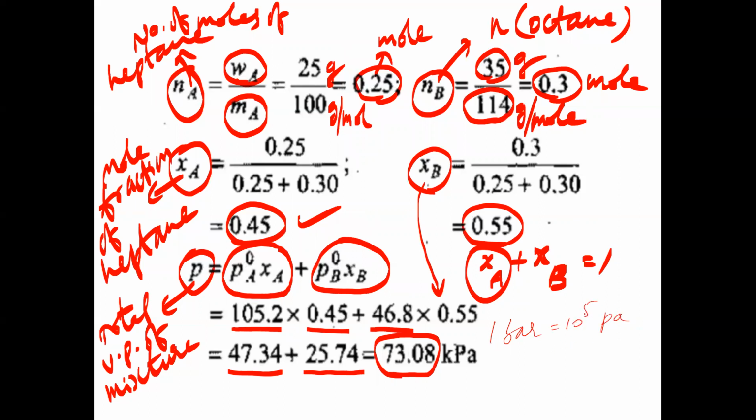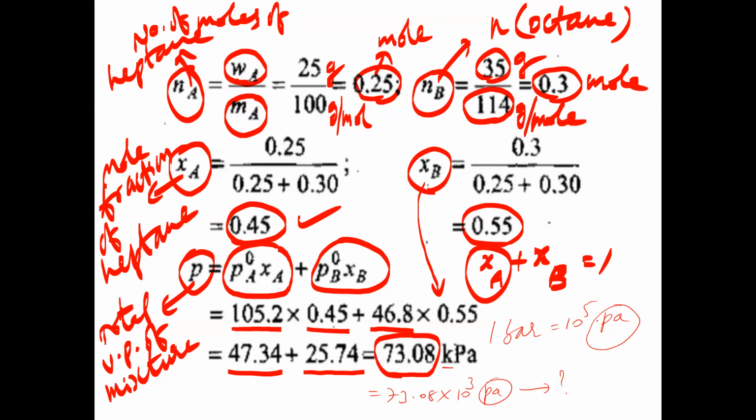So now we have to convert these Pascals. Here we have 73.08 kilopascal, and kilo means 10 power 3, that is 1000 Pascal. So 73.08 into 10 power 3 Pascal will be equal to how many bar?